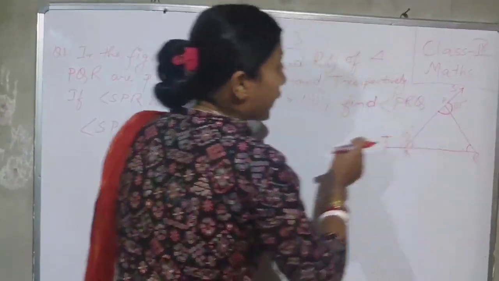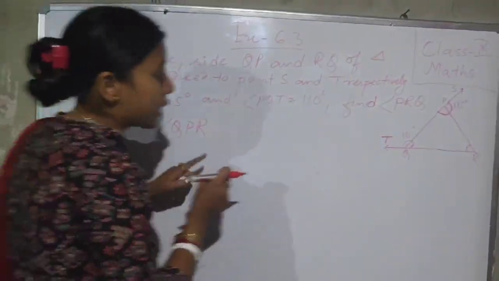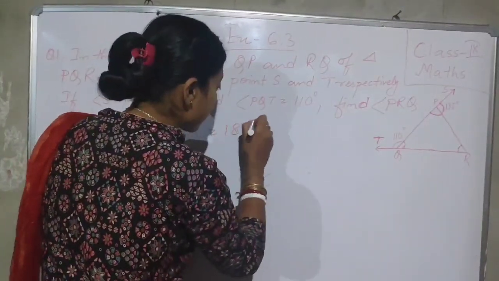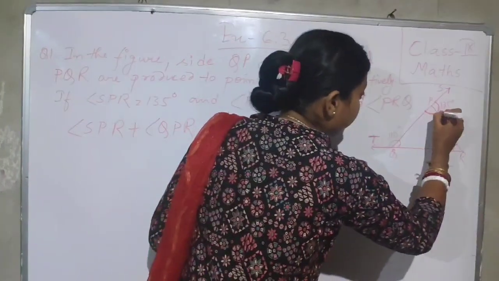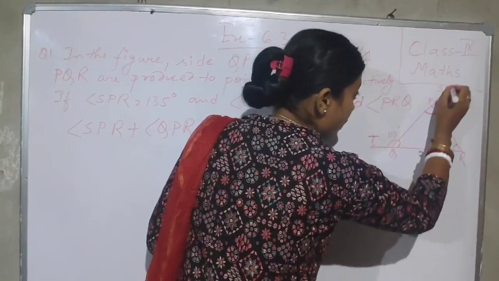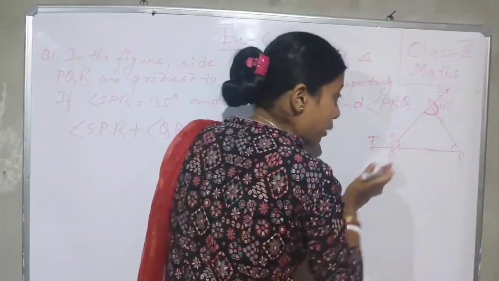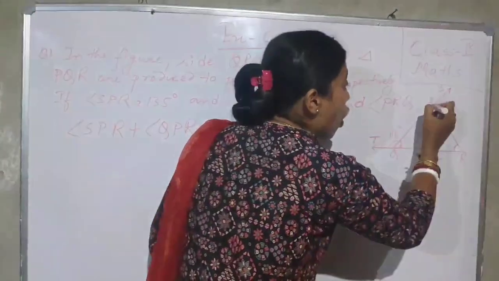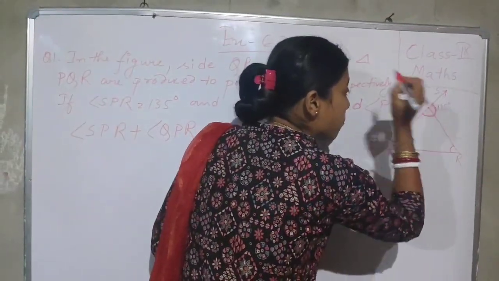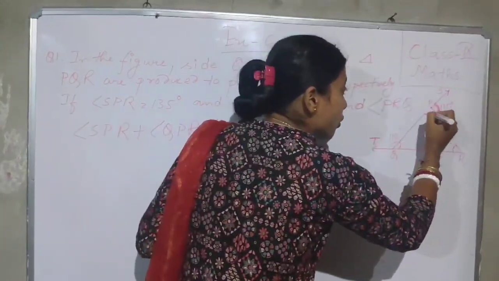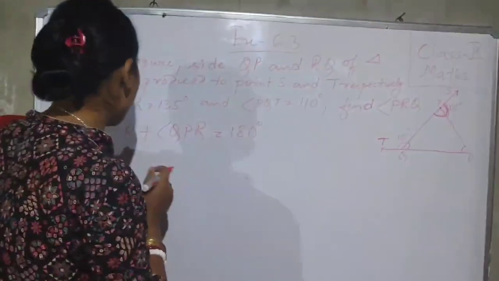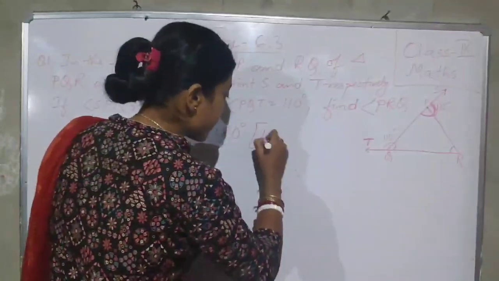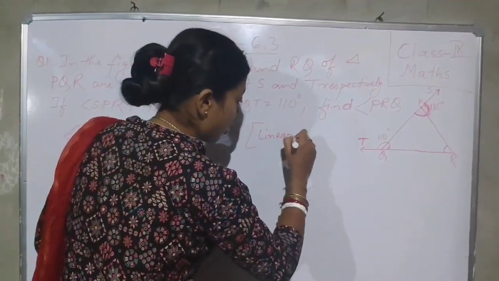Angle SPR plus angle QPR equals 180 degrees we can write, because these two are on the transversal PQ and at the same vertex P, so these two form a linear pair.